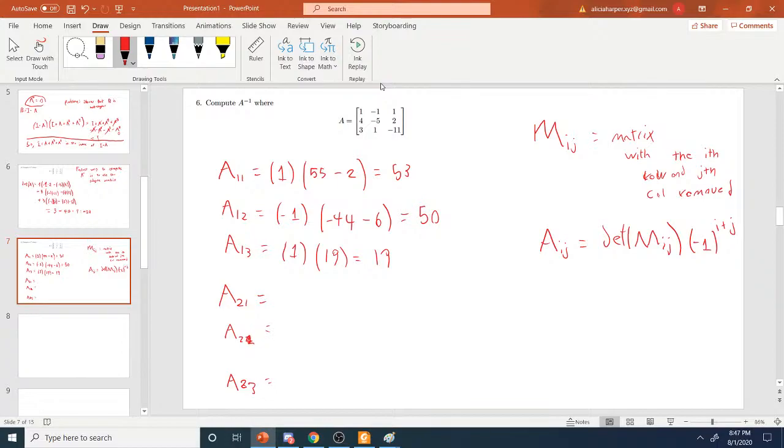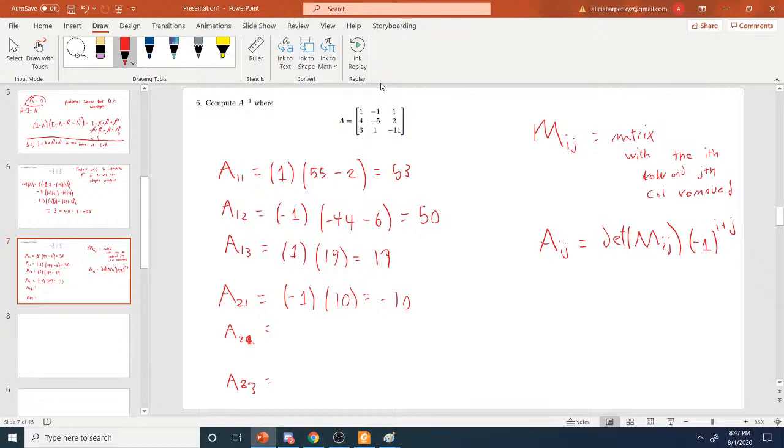So A21, I omit the second row and the first column, and I get a -1 for a sign, and then I get 11 minus 1, so 10, and this is equal to -10.